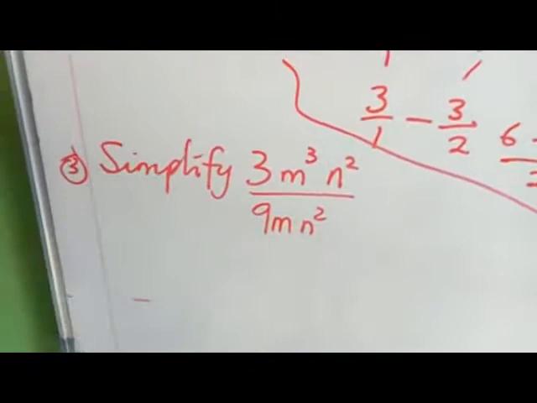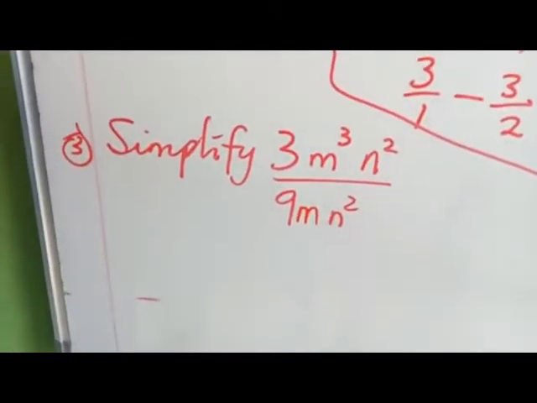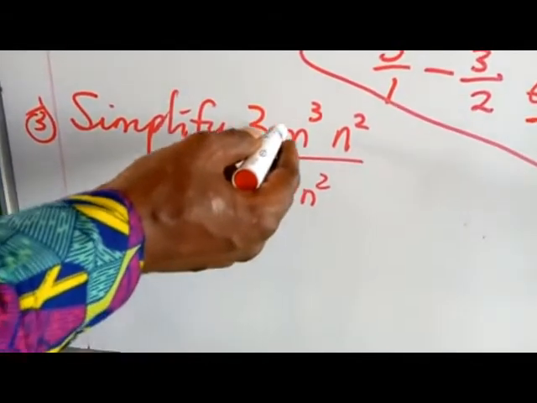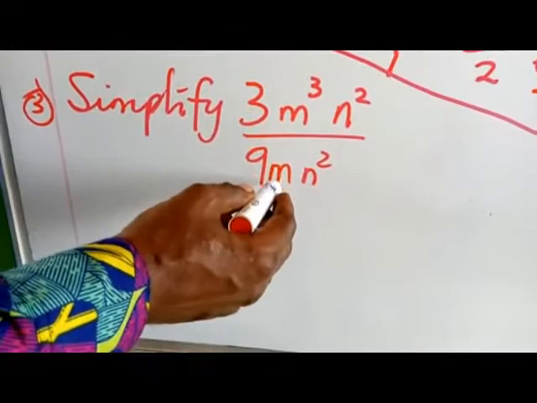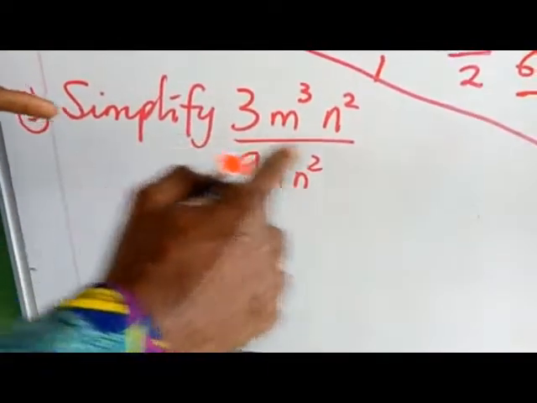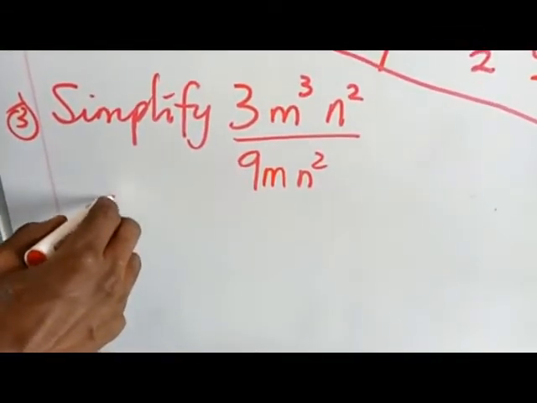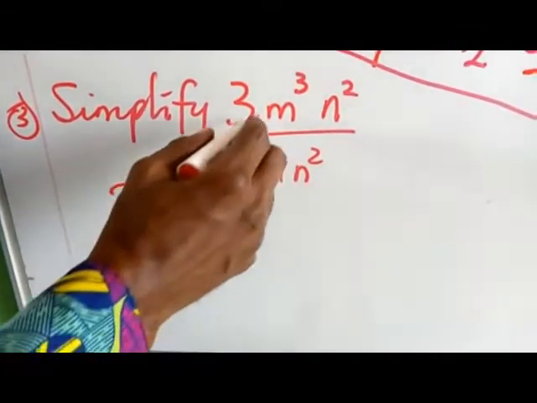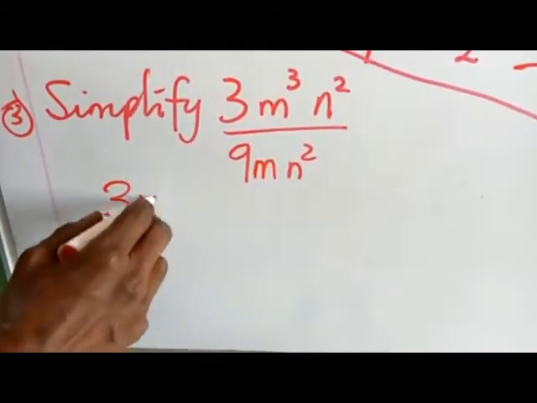Okay, please let's look at example 3. Example 3 says simplify 3m cubed n squared all over 9 times m n squared. That is to say, we're going to expand them. This is how it is expanded. We have here 3. When you see this in mathematics, it means multiplication. 3 times m.